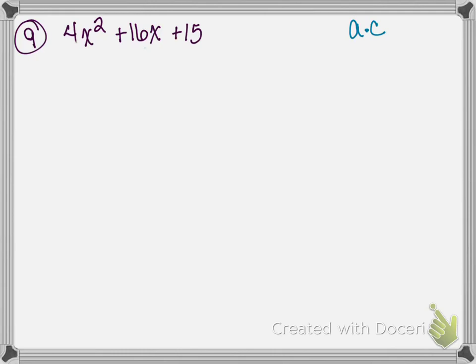Now, when students see this problem right here, they typically get their sum and product correct. My product, I have to multiply my A value times my C value. So I have to multiply this 4 times that 15. What is that? 60.